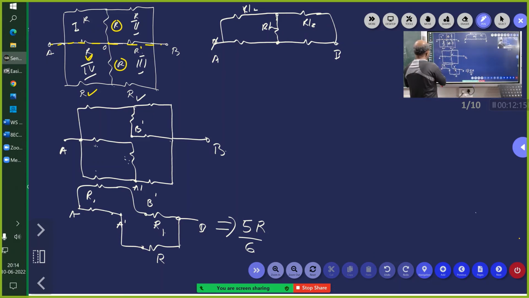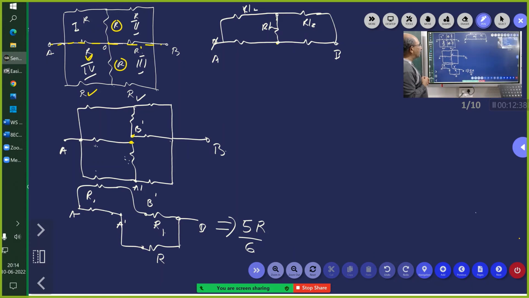Sir, one doubt. We have split this at the center, sir. Then the point where we reach, the potential should be same. At B dash and the other points, these two potentials are same.